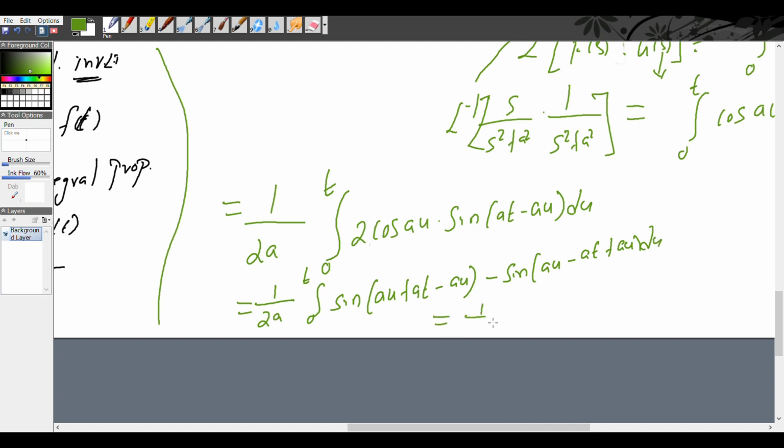You can do it on your own, just apply the formula. Again, this one can be written as sin at minus sin of 2au minus at into du. Do it on your own, okay? Don't copy it.